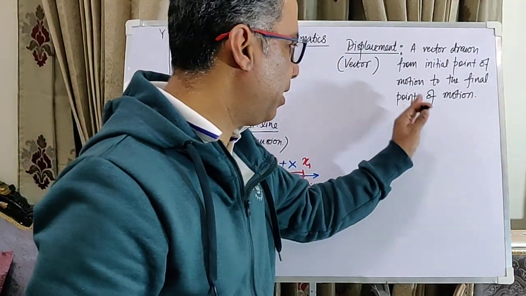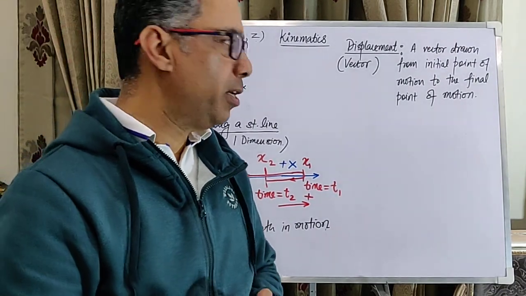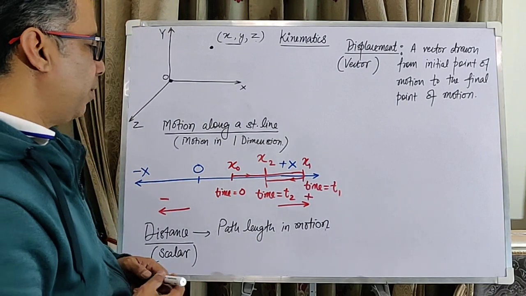Displacement, as I've said, is a vector drawn from the initial point of motion to the final point of motion.